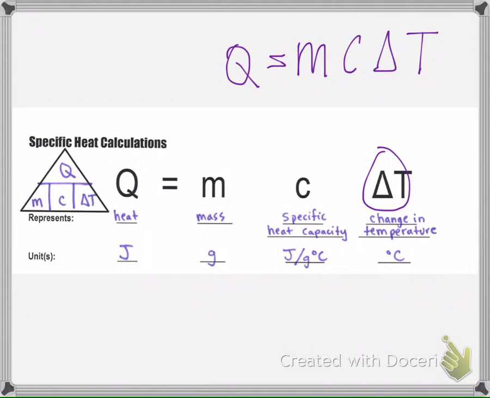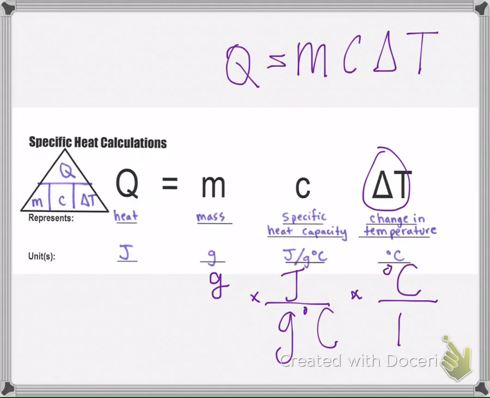I want to point something out here. Look at all of these units: once I multiply by temperature, which is degrees C, and then times grams, the units cancel out and you're left with joules, which is energy.